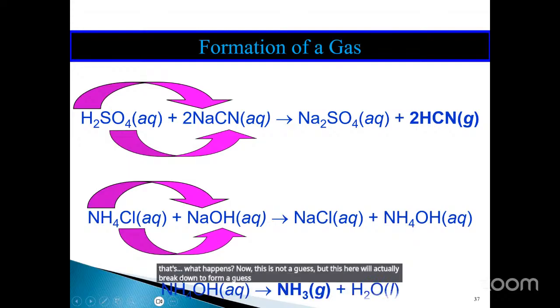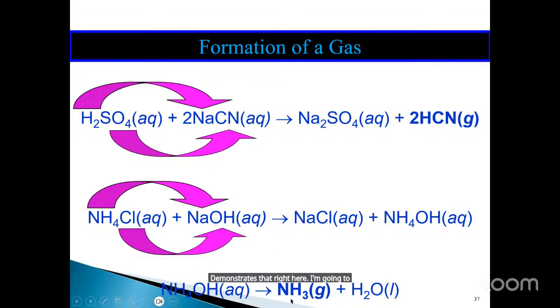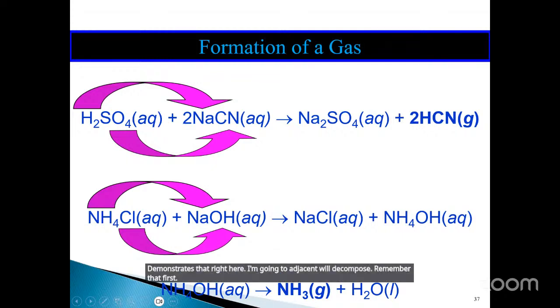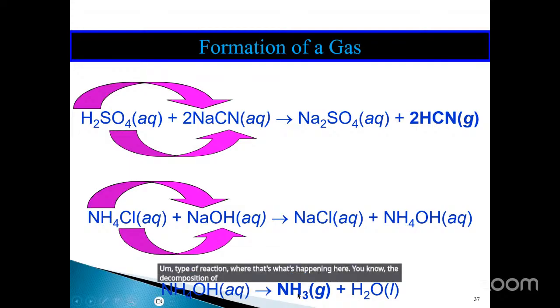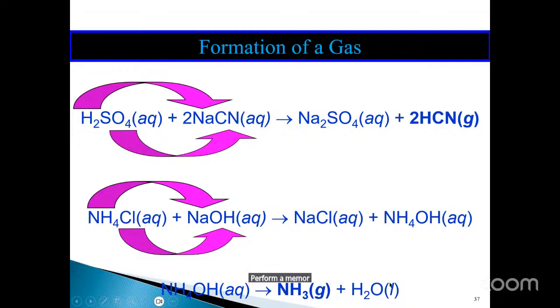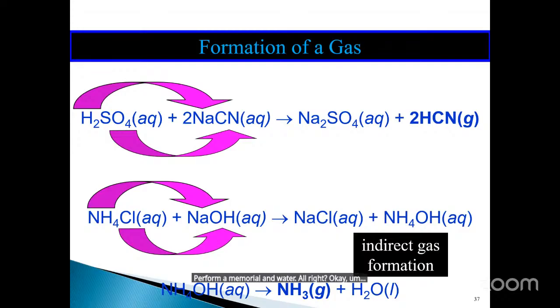So another equation demonstrates that right here. Ammonium hydroxide will decompose. Remember that first type of reaction? Well, that's what's happening here. You have the decomposition of the ammonium hydroxide to form ammonia and water. All right? Okay. So indirect gas formation is taking place here.